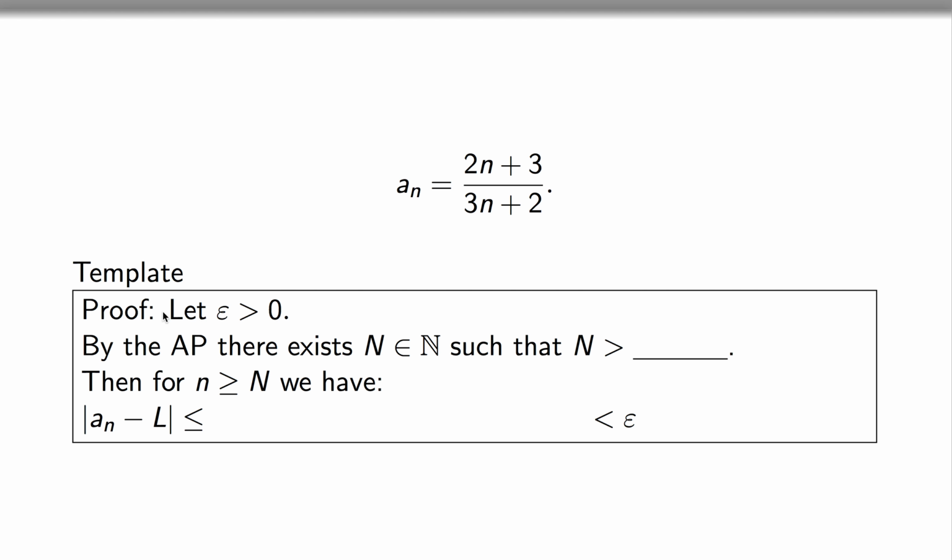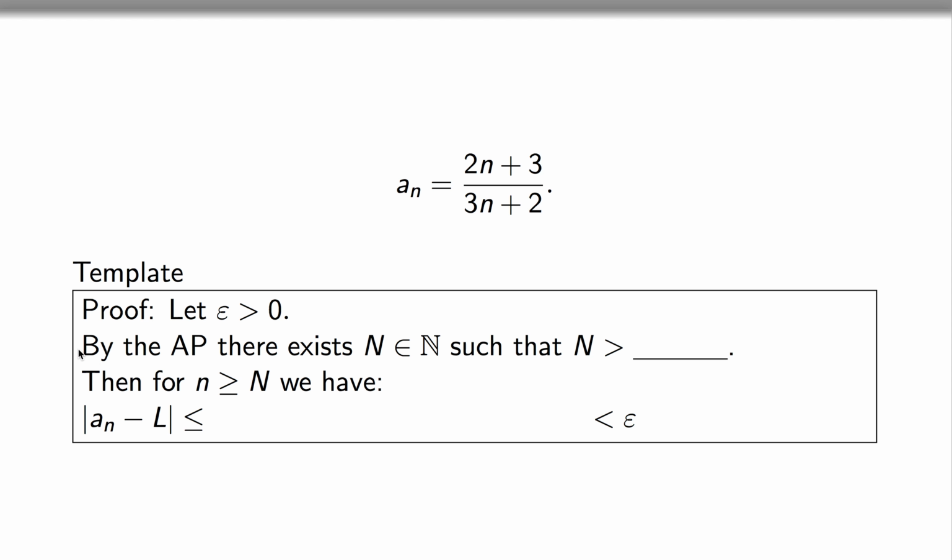Then by the Archimedean principle, we claim that there exists an integer capital N in the natural numbers such that n is greater than something. We haven't filled that in yet because we either need to do some scratch work to see how big a number we need, or as you'll see in this video, we get that by writing the rest of the proof first.